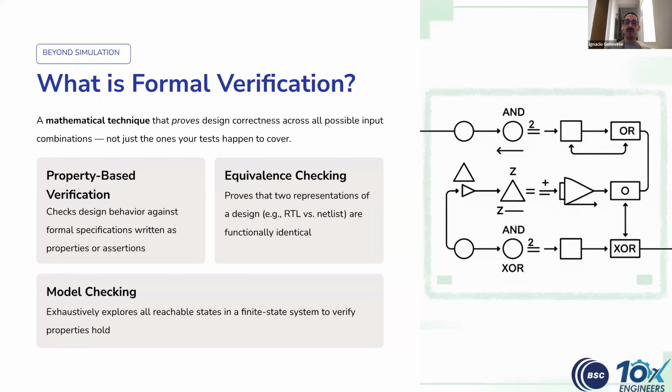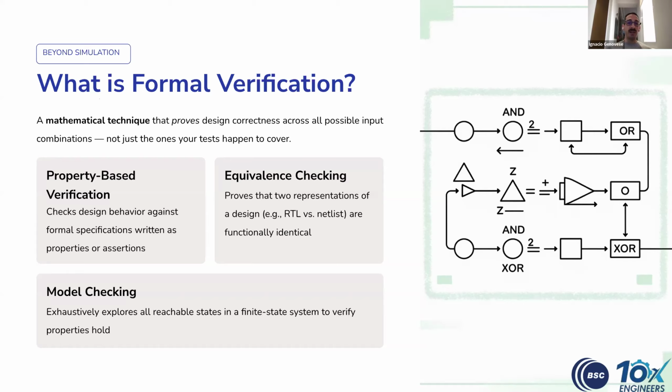There are three main types of formal verification. Property-based verification, which checks the design behavior against formal specifications. Here we write assertions, and the tool proves that these assertions are true for all of the inputs. Another type of formal verification is equivalence checking. This proves that two representations of the design are functionally identical, for example, the RTL versus the netlist that we get after synthesis.